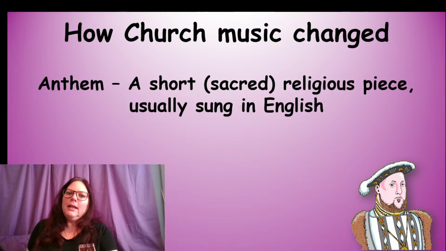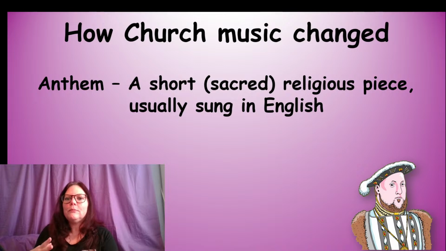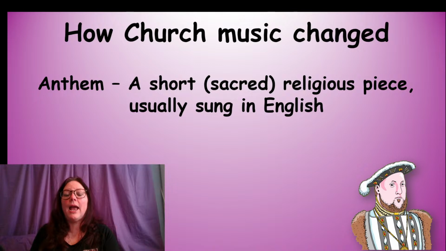Now, let's be clear, things didn't go smoothly, because during the Tudor reigns, from 1485 right through to 1603, things changed a few times. So yes, Henry VIII changed everything. So we had the Protestant church, the Church of England. But then after Edward, Queen Mary came to the throne, Henry's daughter.